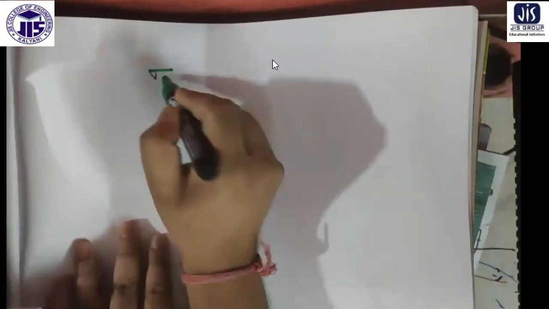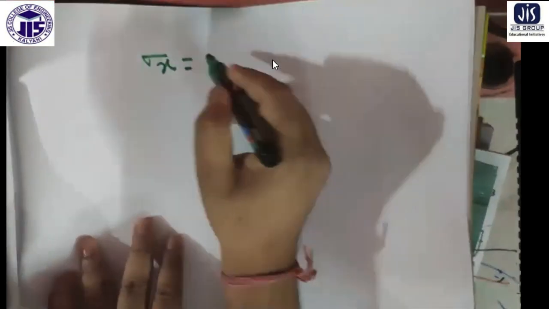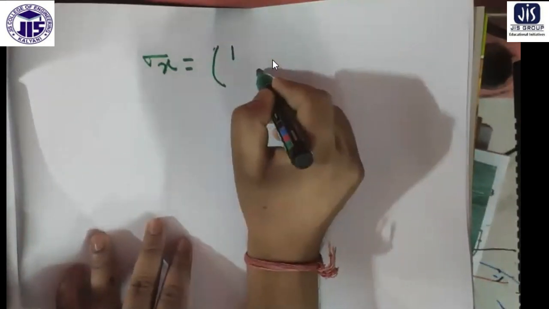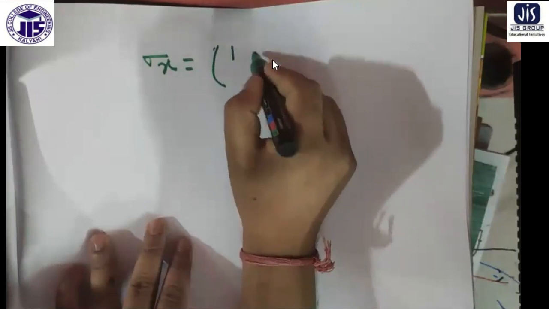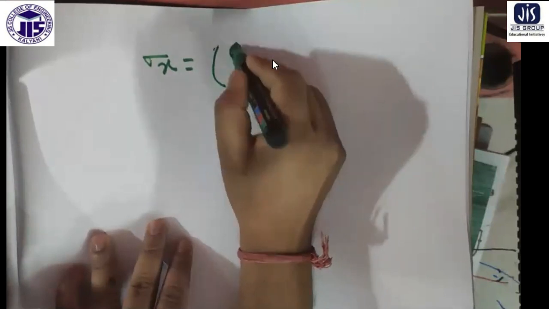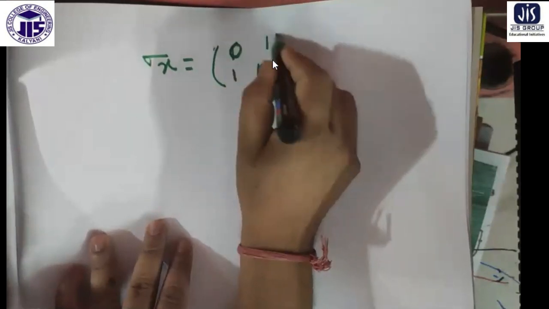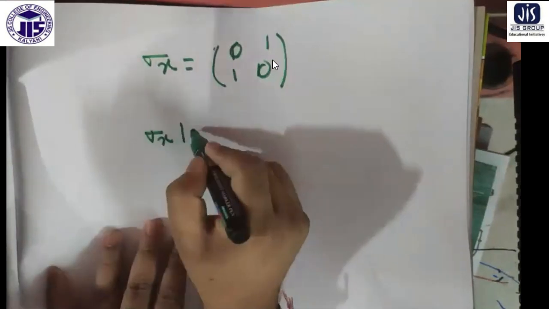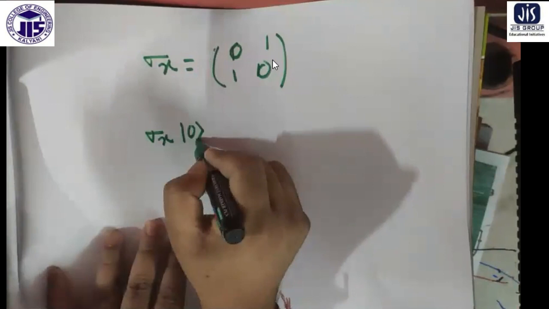So sigma x, as you can see here, is 0 1, 1 0. Suppose this sigma x is operating on the zero vector.